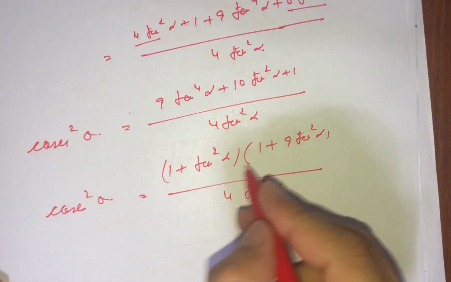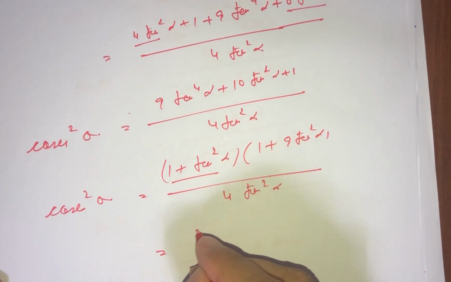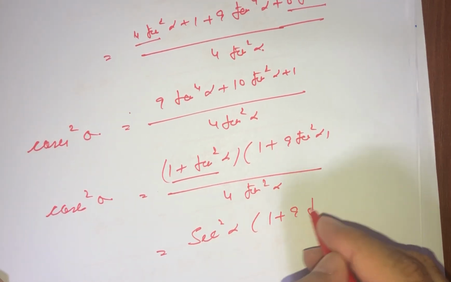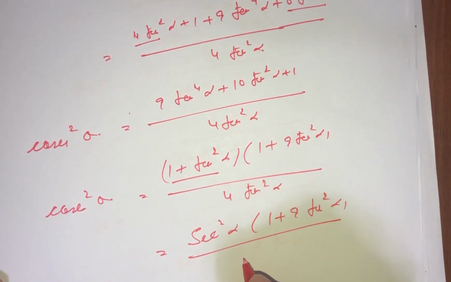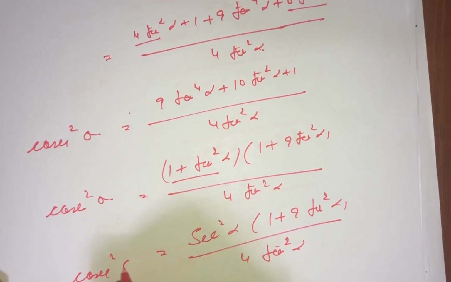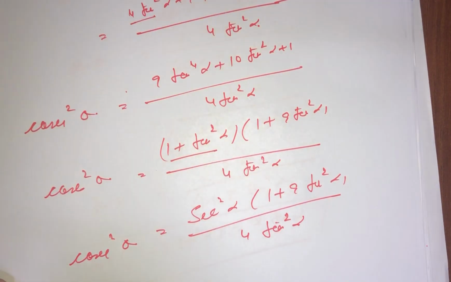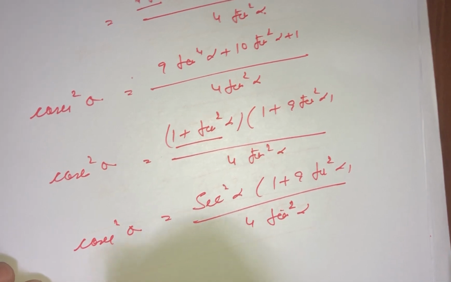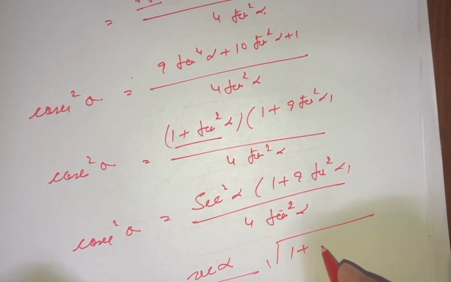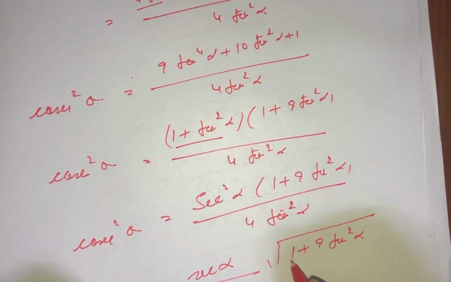Now 1 plus tangent square alpha is nothing but secant square alpha, so we can write this as secant square alpha multiplied by (1 plus 9 tangent square alpha) divided by 4 tangent square alpha, so this is equal to cosecant square theta. So taking the square root to the other side, we get cosecant theta is equal to secant alpha divided by 2 tan alpha and square root of 1 plus 9 tangent square alpha.